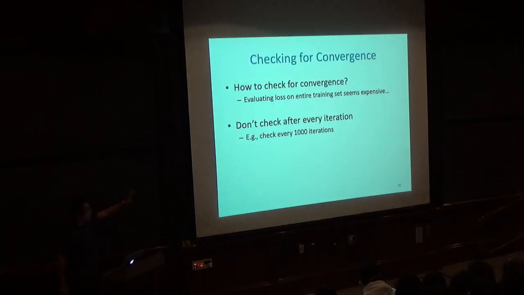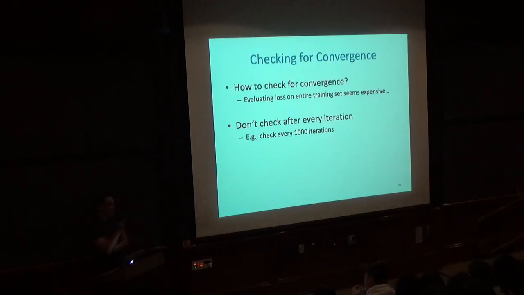So in practice, when people do stochastic gradient descent, you don't check for convergence after every iteration. You don't write this for loop over your validation set saying, have I converged, yes or no, after every iteration. People do things differently. Some people check every 1,000 iterations. Some people check every 1 million iterations.